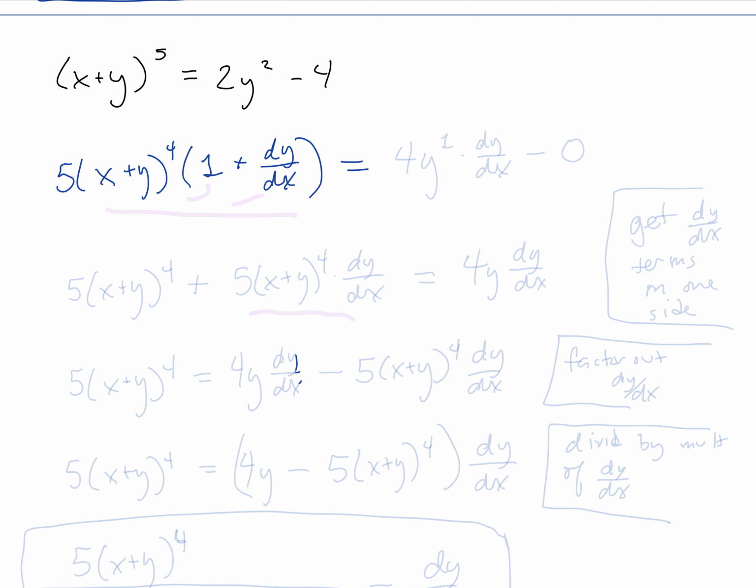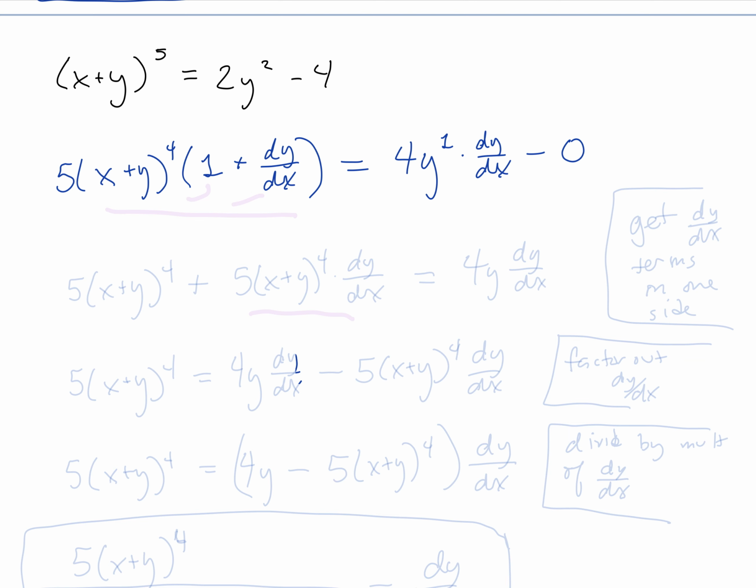Now this is equal to, on the other side, the derivative of 2y squared, using the power rule and the chain rule. That's 2 times 2 is 4, y to the 1 power, times the derivative of the inside, which is dy dx, minus the derivative of 4, which is just 0.